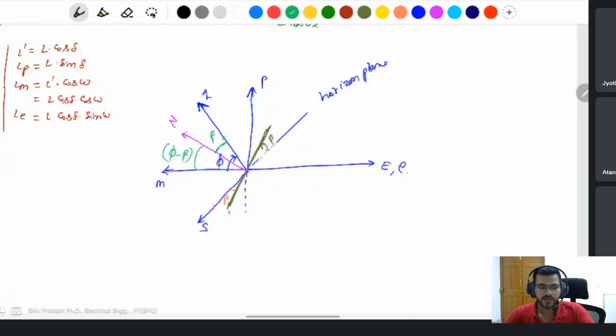We can calculate the insolation through the surfaces.